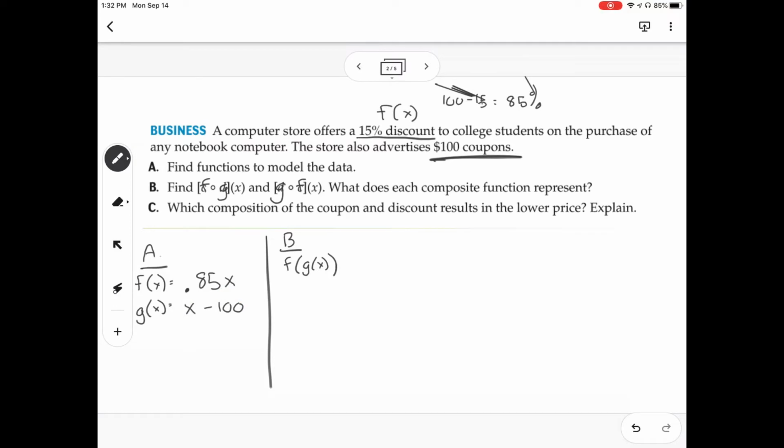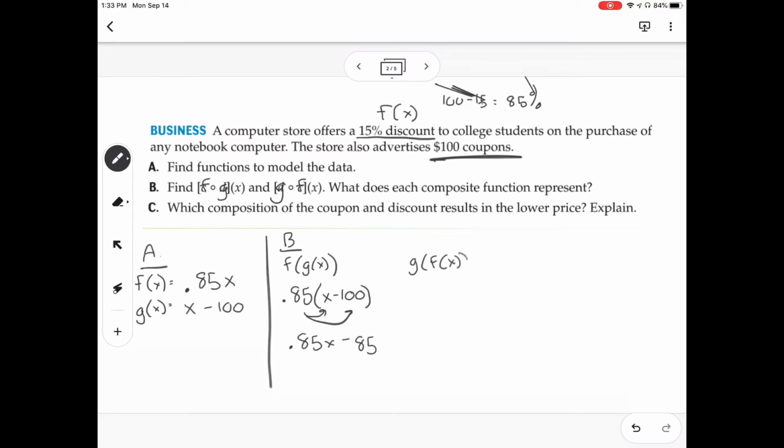So the x minus 100 will go next to the 0.85. All right. So if we distribute that, we get 0.85x minus, and then 100 times 0.85 would be 85. So this is f of g of x.